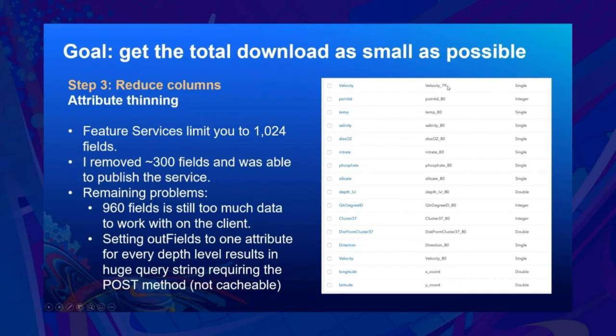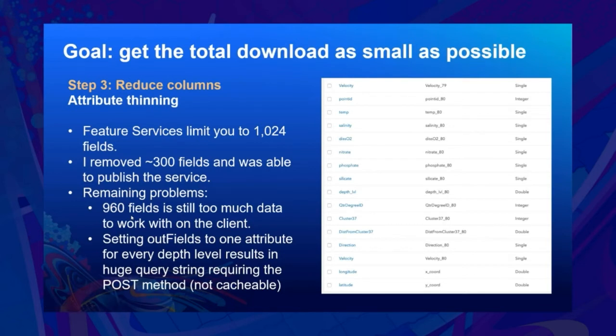What we see here is the velocity value at the 79th depth point, then the next velocity value at the 80th depth point, and so on, repeated at all the different depth points. We want to really control the number of fields that we get back and not have any extras, because it's going to be quite a bit of data.